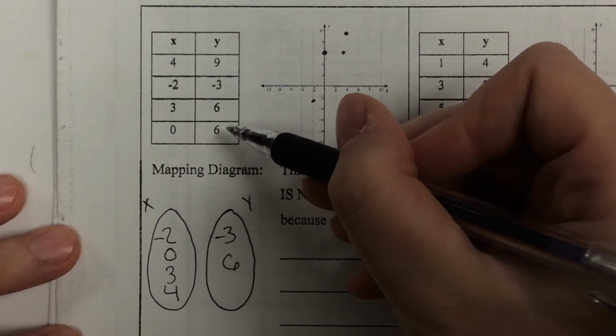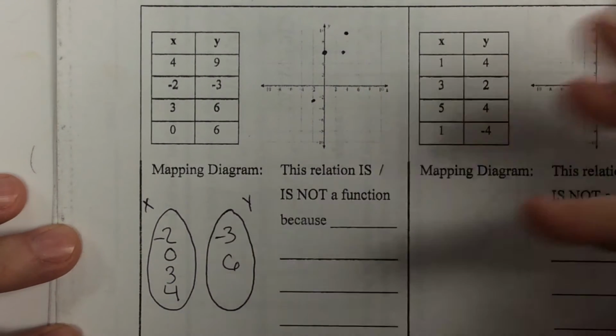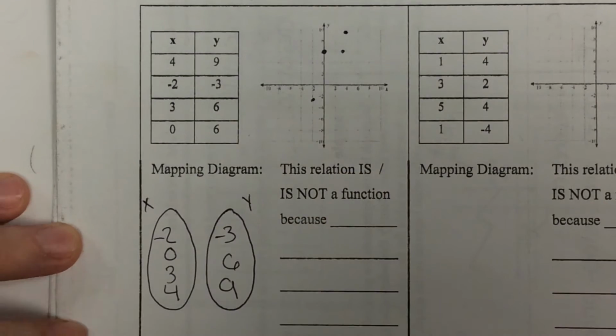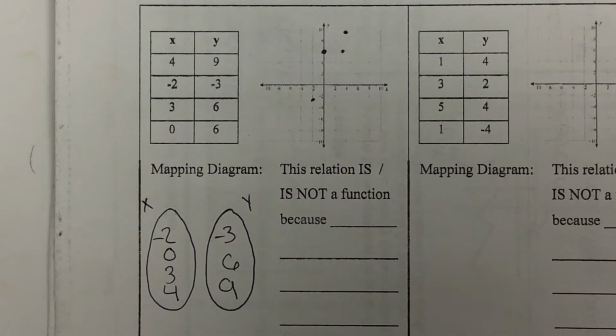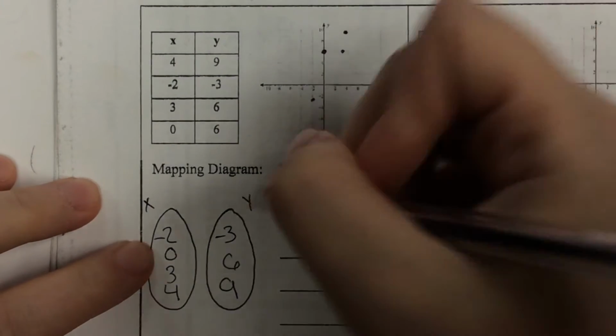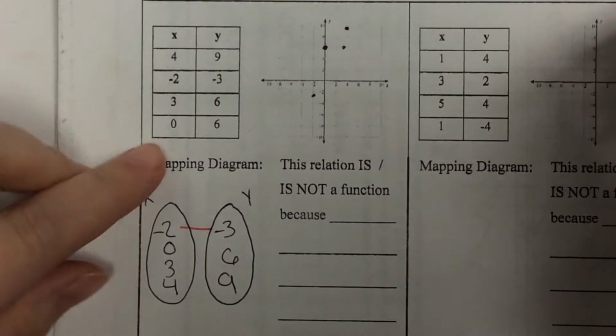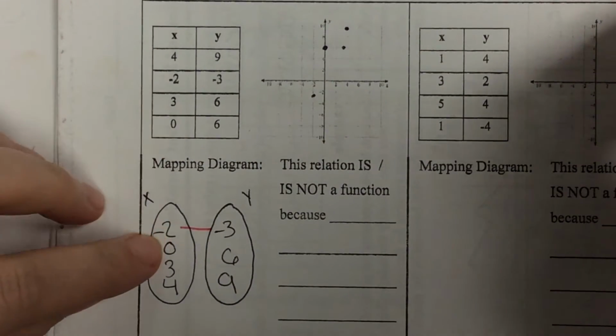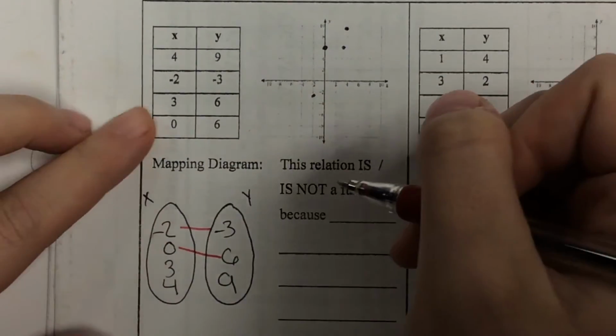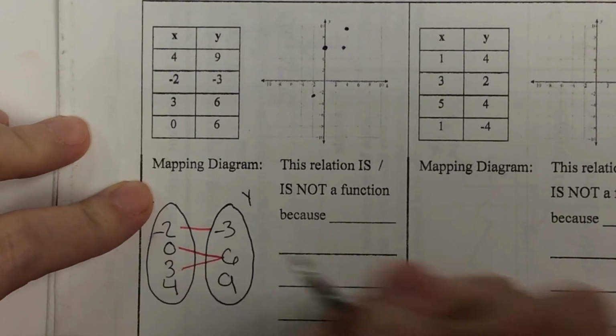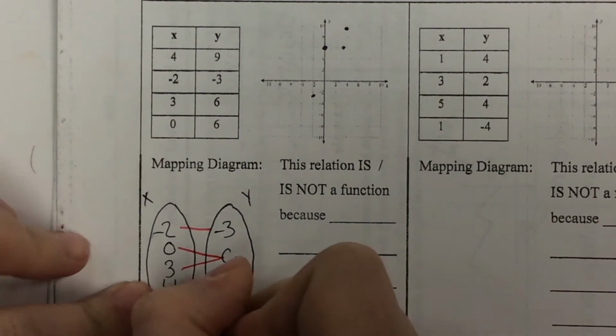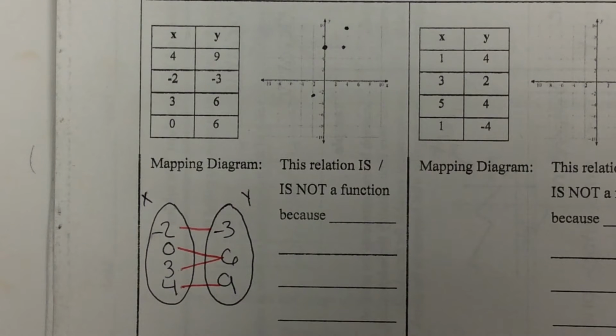When we're talking about a mapping diagram, we only write it once, and then 9. Now, let's pair up our ordered pairs. -2 went with -3. 0 went with 6. 3 went with 6. And 4 went with 9. Now, we have our mapping diagram.